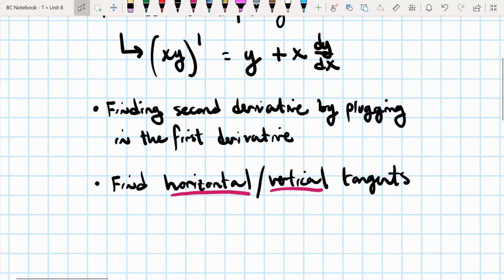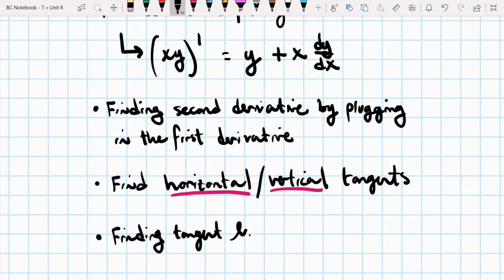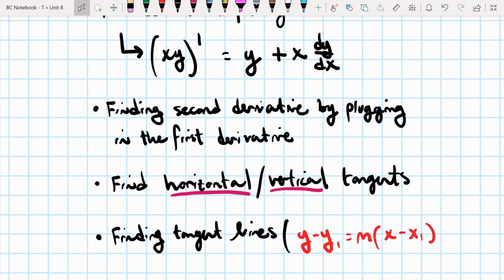Okay, and then lastly, before we start our first question here, finding the tangent lines. Okay, the tangent line, the general form is y minus y1 equals m times x minus x1.